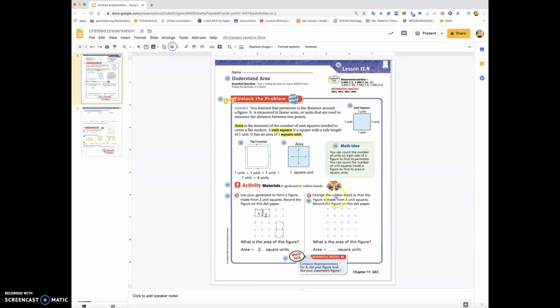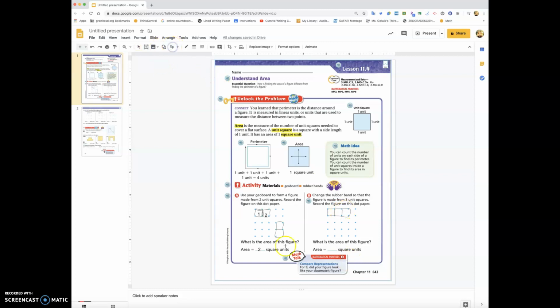Now we have 3. Same thing. You could just do 3 squares. And then I can draw these in just like in connect the dots. And there's 1, 2, 3.